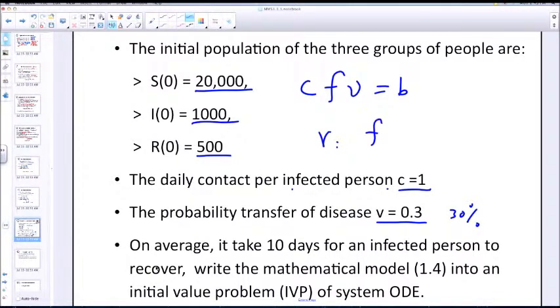And how about the F? Well, the F really depends on how many people are susceptible and what is the total population in the community.